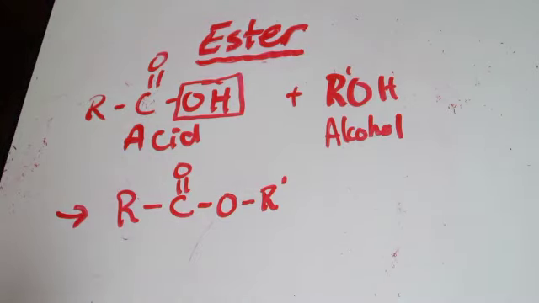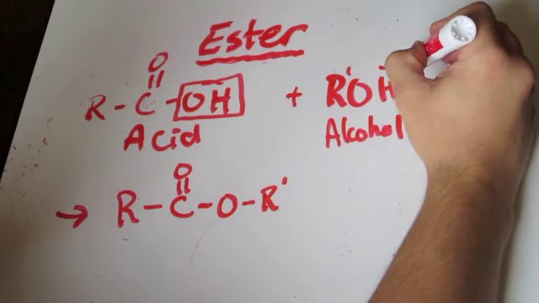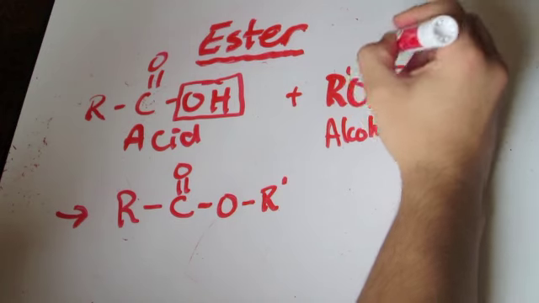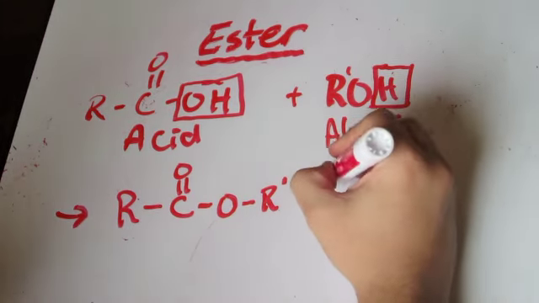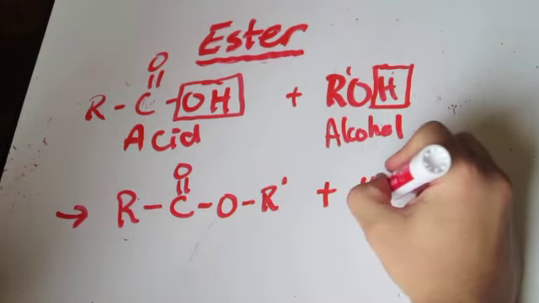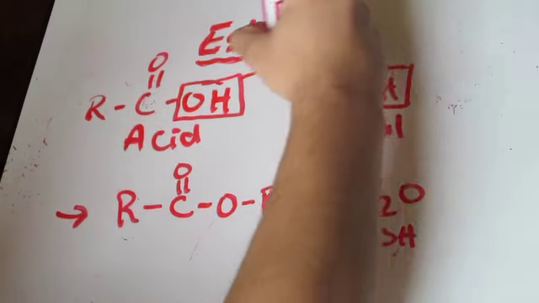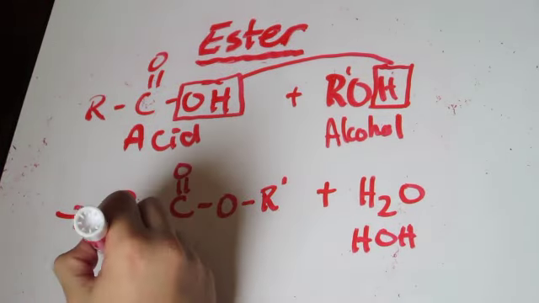Now, we know from the previous clip that we lose this OH group. And as we can see here on the alcohol, we also lose this hydrogen. Now, they don't just take off and leave. What this makes is water, or HOH if you prefer. This process is called esterification.